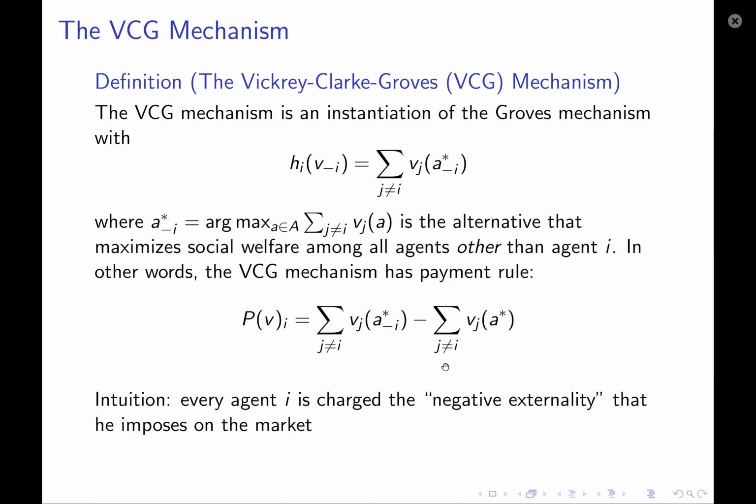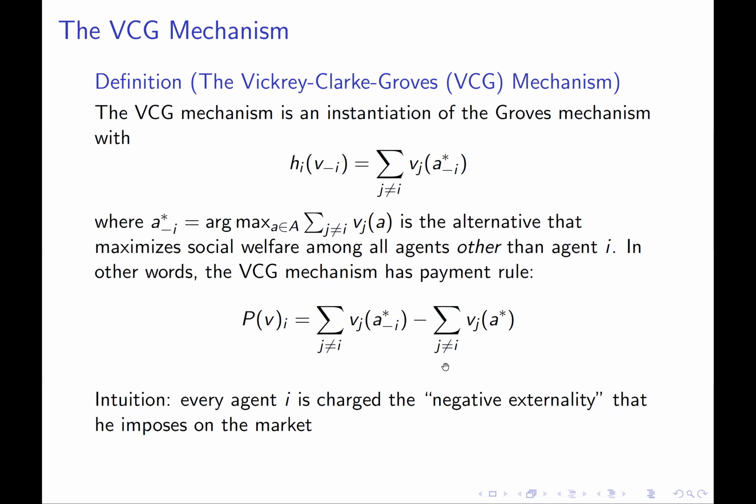Okay? And the intuition here is that what the VCG mechanism is asking every player to pay is the negative externality that she imposes on the market, right? Had she not participated, the Groves mechanism would have chosen a different alternative. It wouldn't have tried to maximize social welfare including her. It would have tried to maximize social welfare not including her.